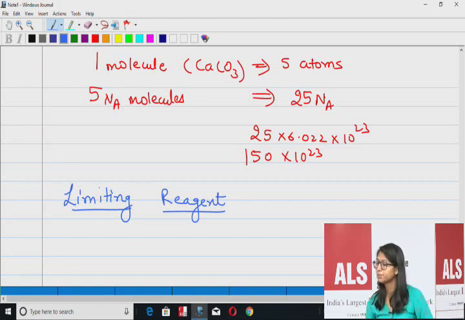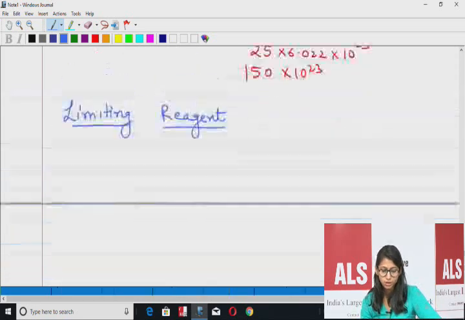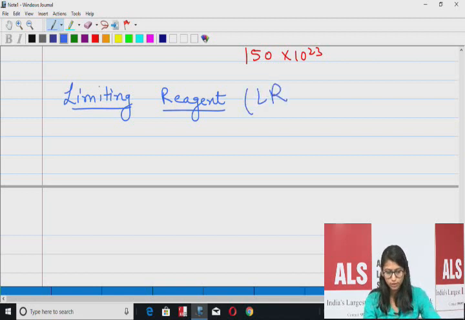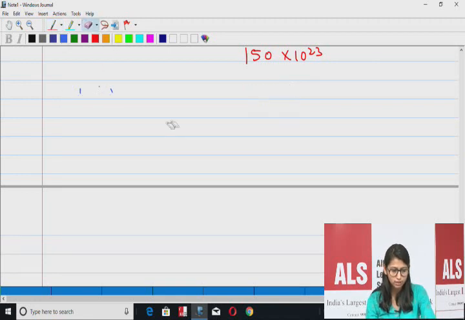No, you haven't done limiting reagent? Okay, let us do it. In short form, we call it LR also. So we will be finding an LR. But before finding the LR, we should do some basic things. Wait, don't write limiting reagent now.